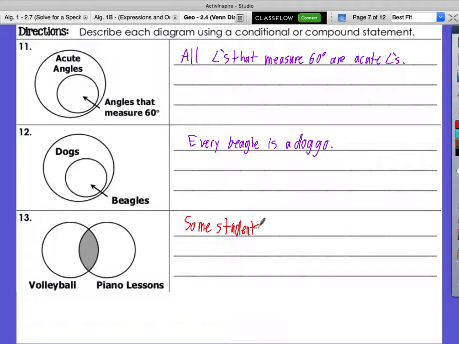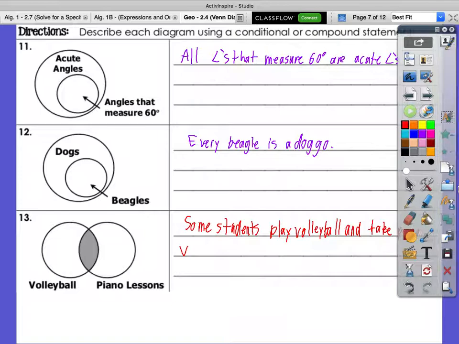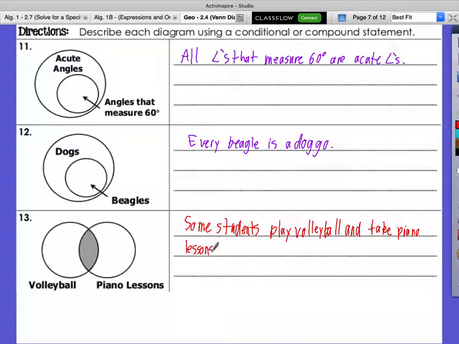Some students play volleyball and, because we're shading only the part where they're together, take piano lessons. Some students play volleyball and take piano lessons.